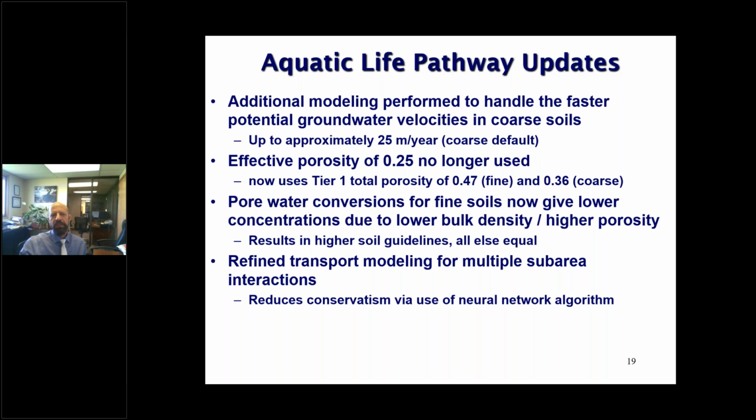With changes in bulk densities, there are different porosities used, so it results in different groundwater velocities and different pore water conversions. And one big thing added to this version 2 is some conservatism removed from some complicated interactions of subareas when they are very close to aquatic receptors.